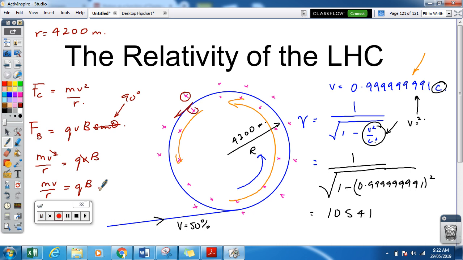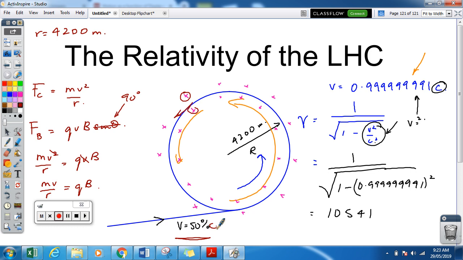Right, now we're going to work out what the magnetic field is needed at the beginning, when it's only 50% of the speed of light, and we're going to work out the magnetic field strength as it is required at the end.